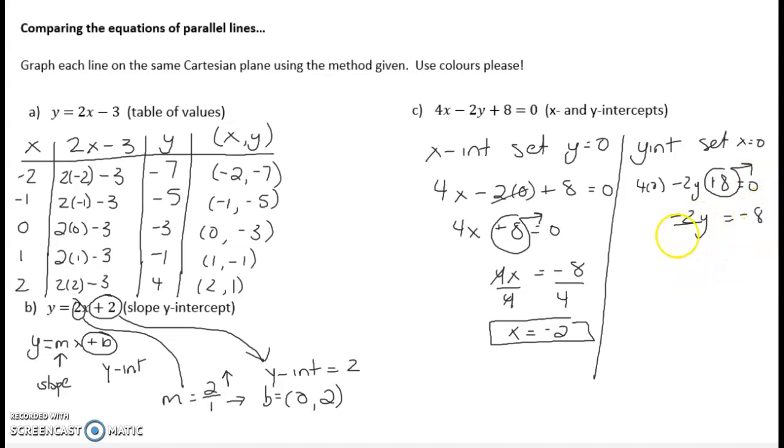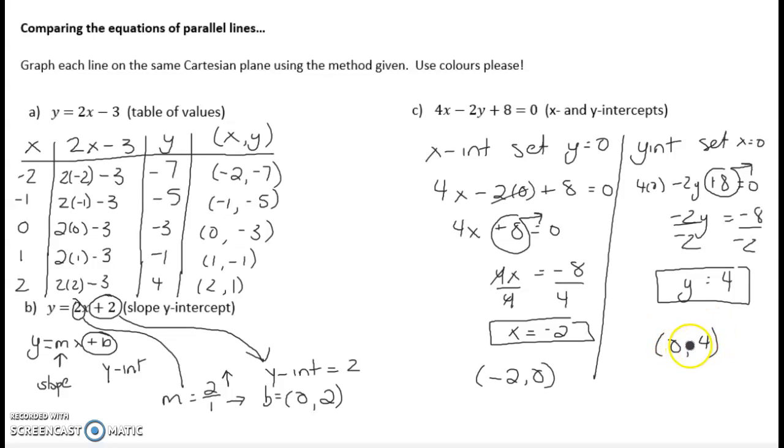To solve for y, we have to divide by the number in front, so we have to divide by negative 2. So now we have y equals positive 4. Negative 8 divided by negative 2 is positive 4. Okay, so this is negative 2 and y was 0. And this one, x was 0 and y was positive 4.